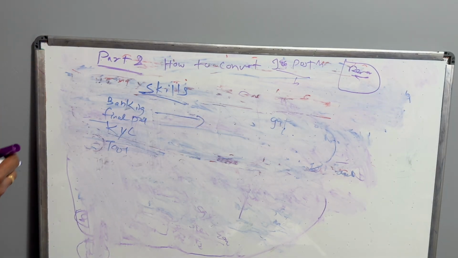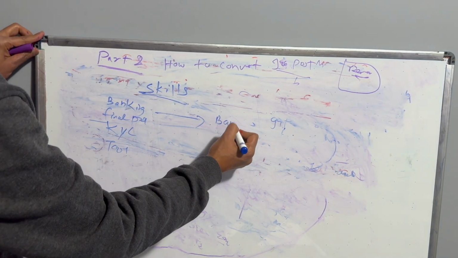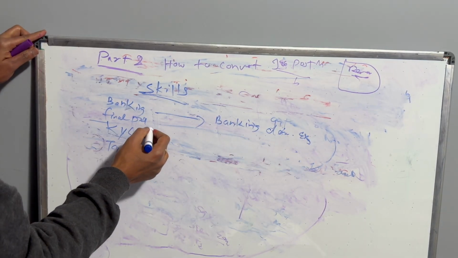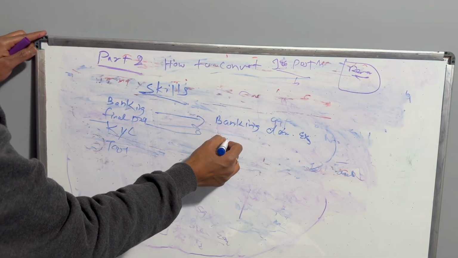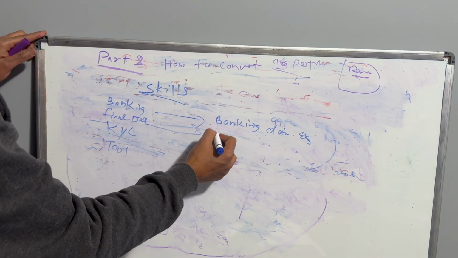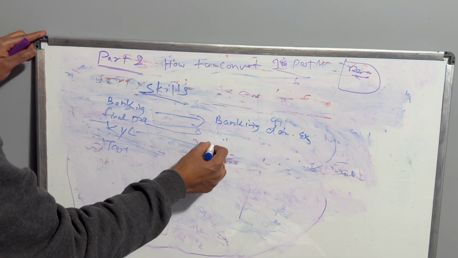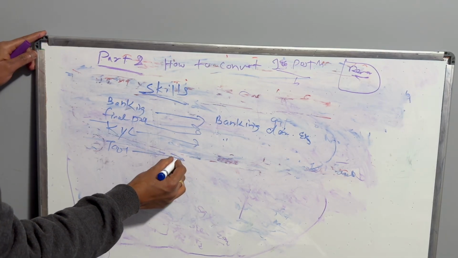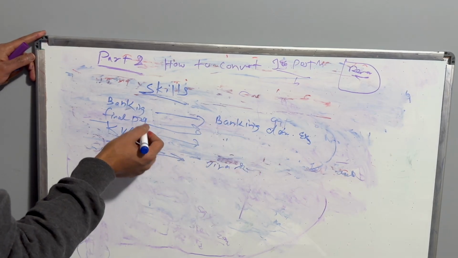Your resume should show banking domain exposure. Understanding of financial products and international transfers. Remember, you have to specifically mention, right? Knowledge of KYC and regulatory documents. Next one, tools: hands-on with project management tools. You can mention Jira and Confluence.